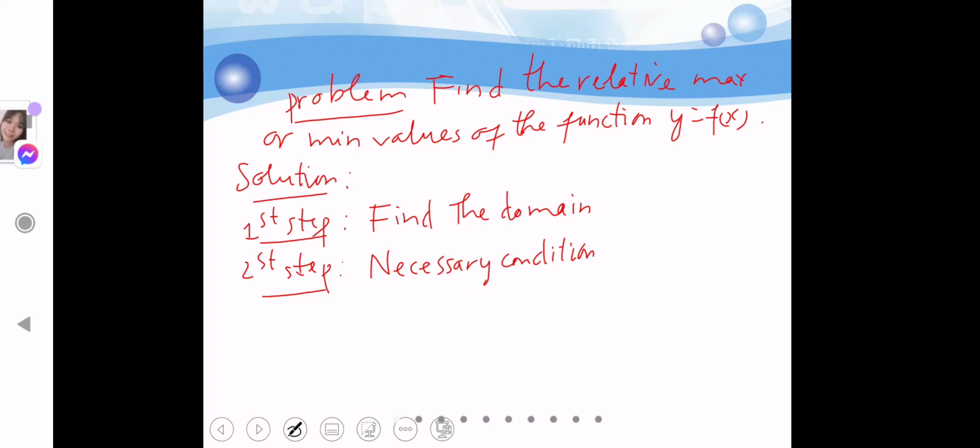In the necessary condition, you find f prime, then you find the critical values.